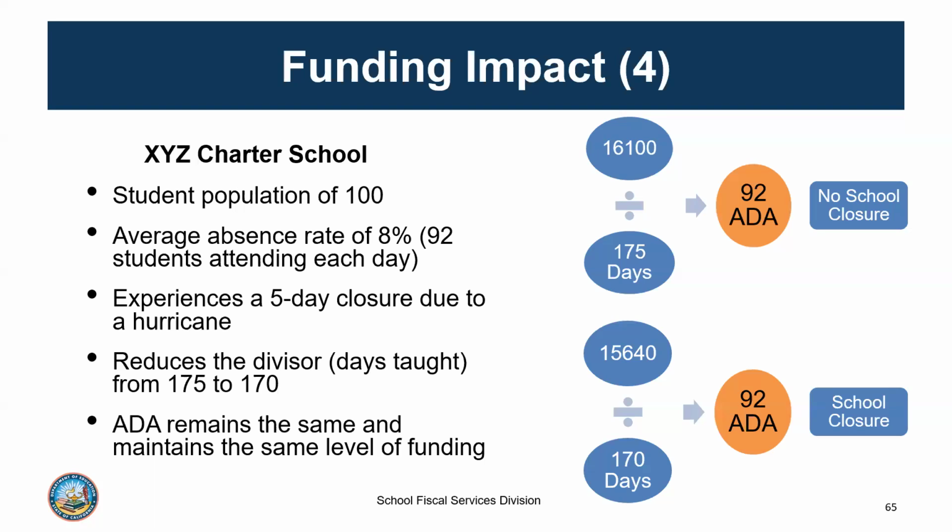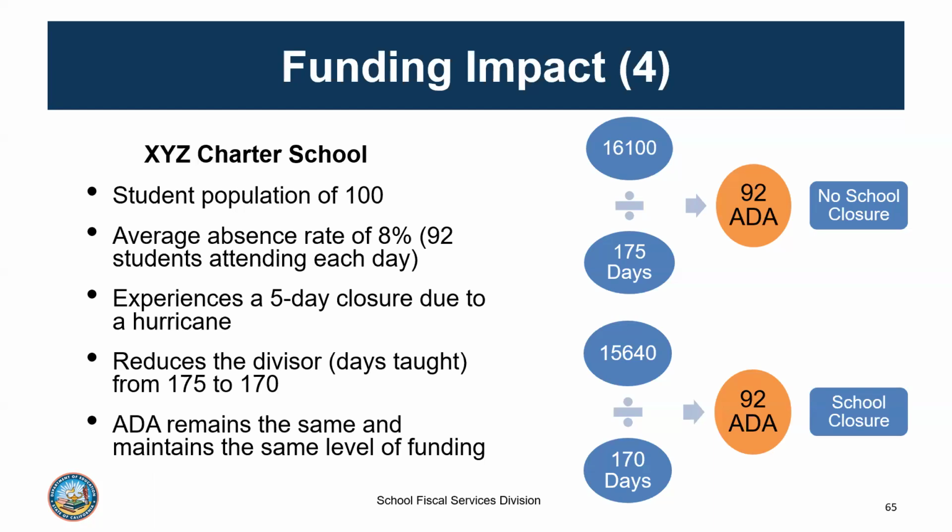This scenario in this slide demonstrates how a school closure at XYZ charter school impacts their ADA calculation. Let's look at the initial situation for XYZ charter school with no closure. It has a student population of 100 with an average absence rate of 8%. This means 92 students are attending each day on average.